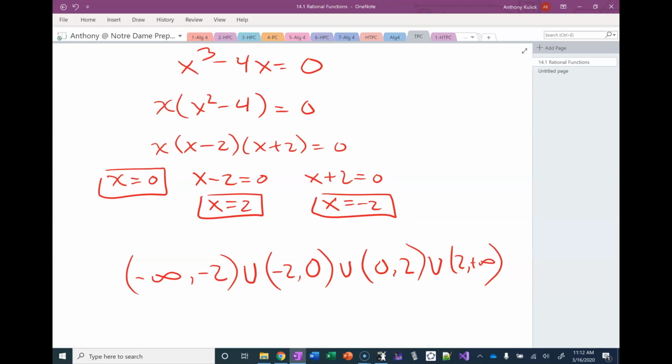So again, the domain is long, but that's not really very difficult, right? We just have a blank space every time we get to one of these values that gives us a 0 denominator. So that's not too bad.